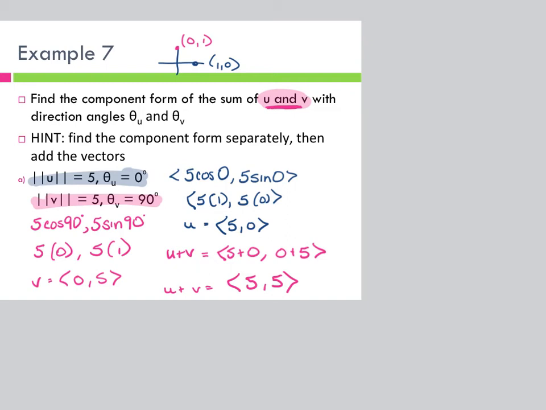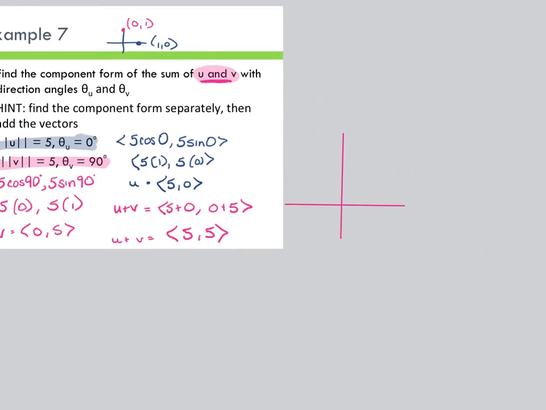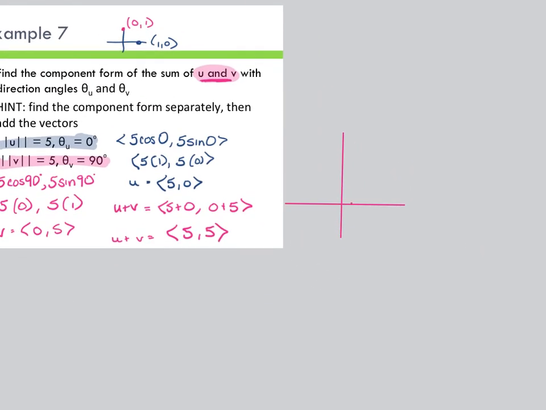So if you actually think about this in terms of graphing, if I went and graphed the first one, 0 degrees, I went 5, 1, 2, 3, 4, 5 to the right. Up, 1, 2, 3, 4, 5 up. So this was u. This is v. And I wanted to find their sum.